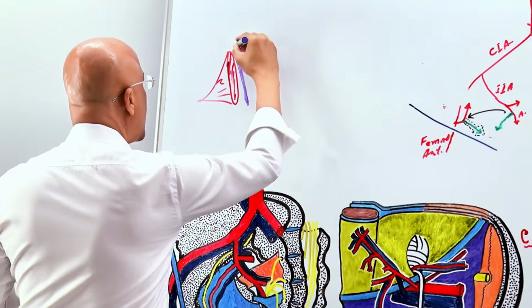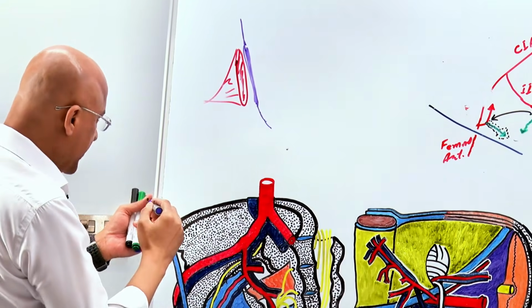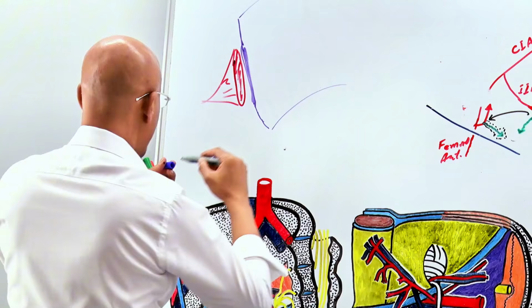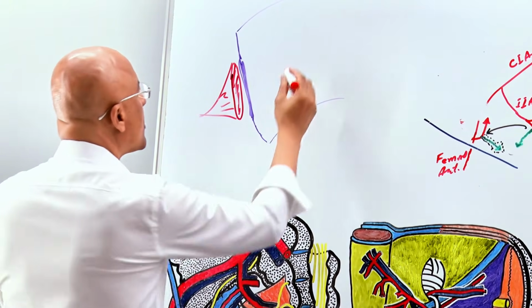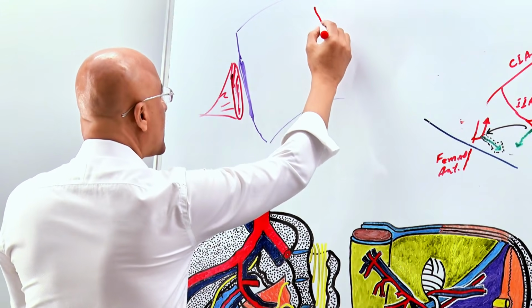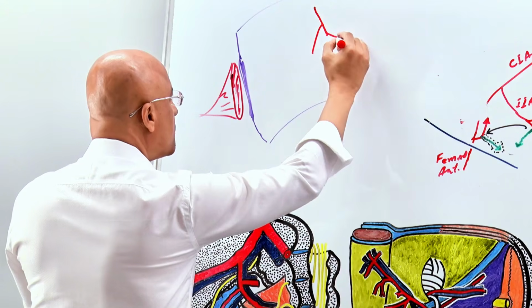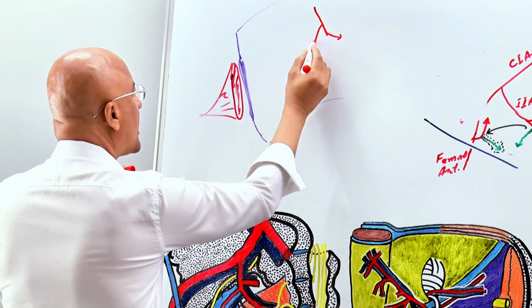Obturator fascia, and it is a part of parietal pelvic fascia, and then here is your internal iliac artery going into anterior division and posterior division. From here, what was this artery?